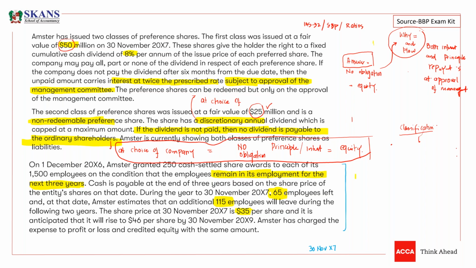So guys, total number of employees were 1,500. Now what we need to do?